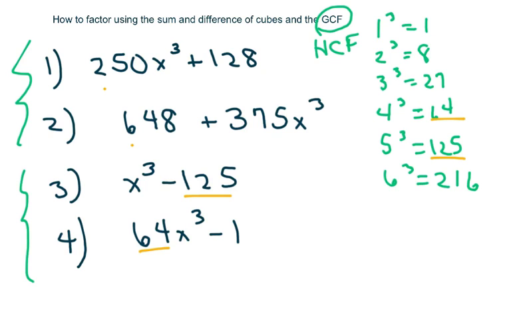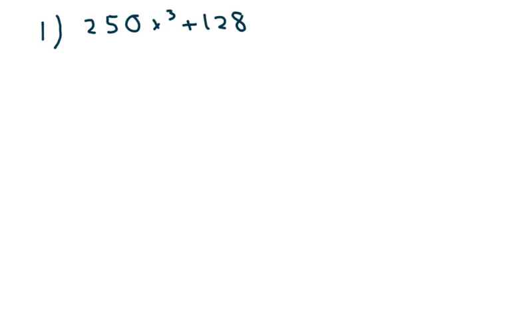So what we're going to do is use the highest common factor on these first two. And I'm going to factor out a 2 here, and I'm going to get 125x cubed plus 64.